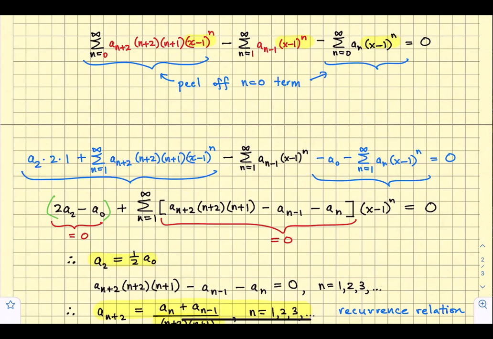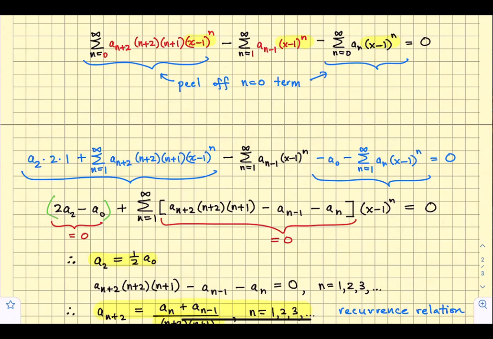Okay, so now if you stare at the parts that have sums in them, they all have a common x minus 1 to the n on the back end, and they all start at n equals 1. So that means we can write them as one big summation. And the things that do not have a sum on them, we will gather together and group like terms.